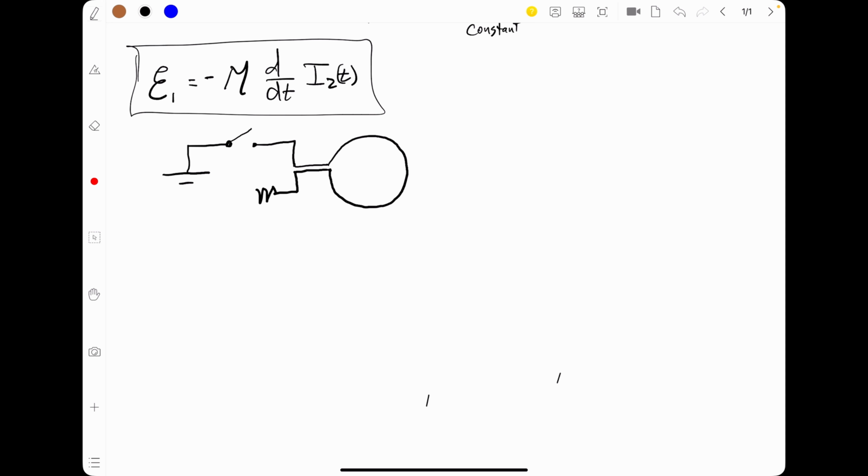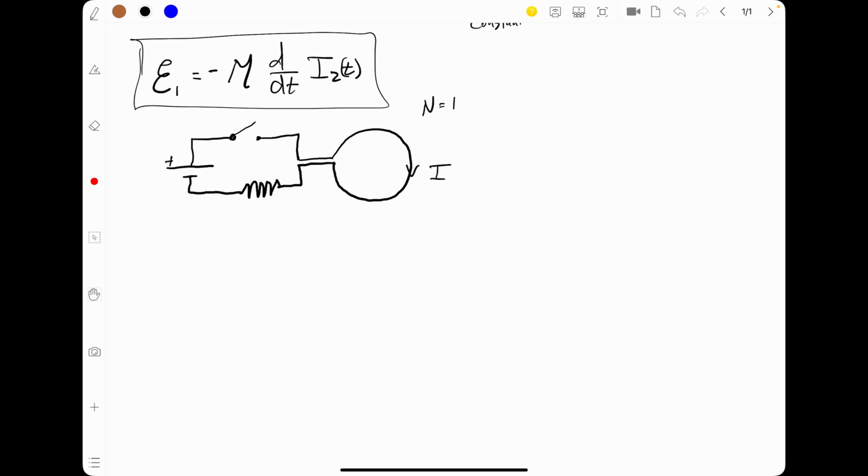And we've got some resistor in our circuit, and we're going to drive it. We're going to flip the switch closed, and that means that we're going to have some current flowing in this direction, okay, around our inductor. But this is an n equals 1 inductor.